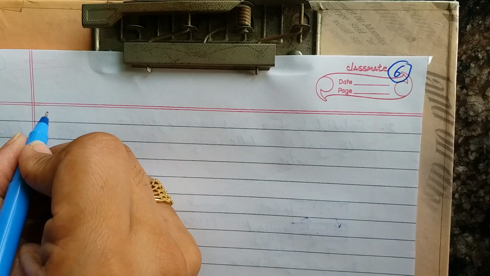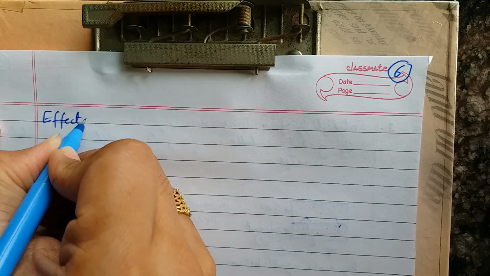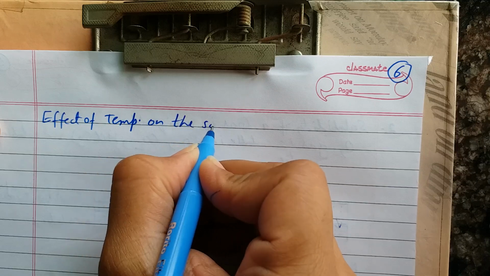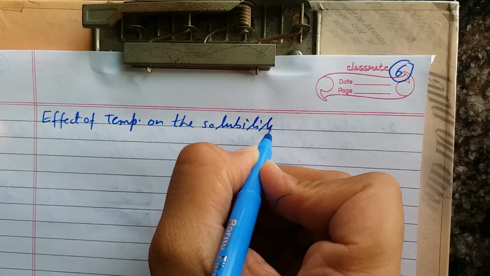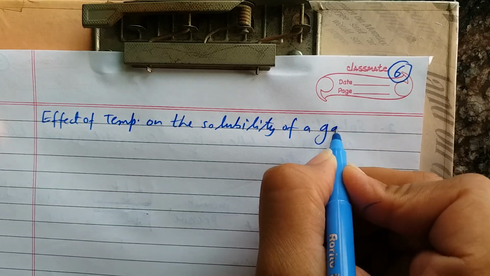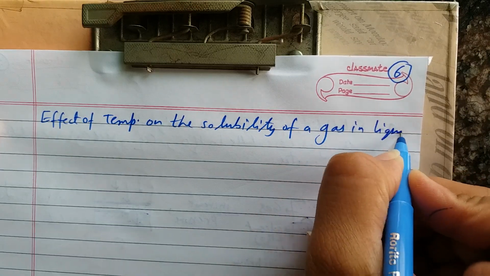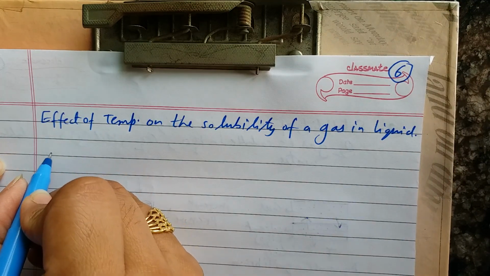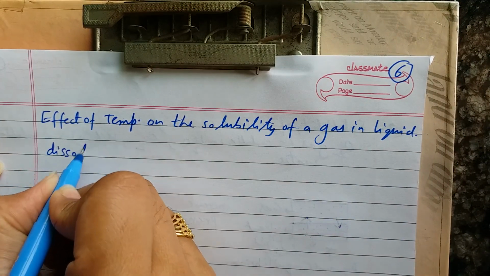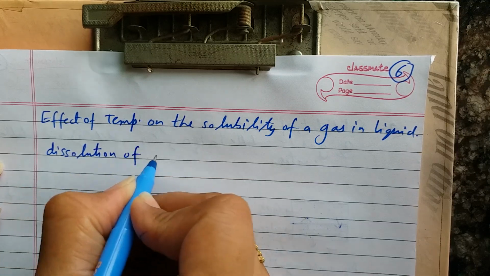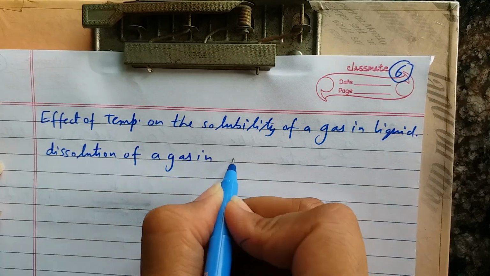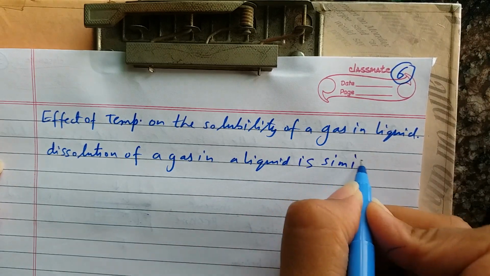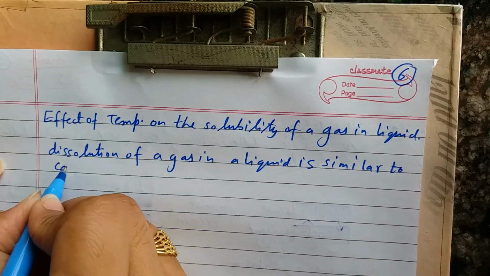Let's now try to understand the effect of temperature on the solubility of a gas in a liquid. Actually, the process of dissolution of a gas in a liquid is very similar to condensation.